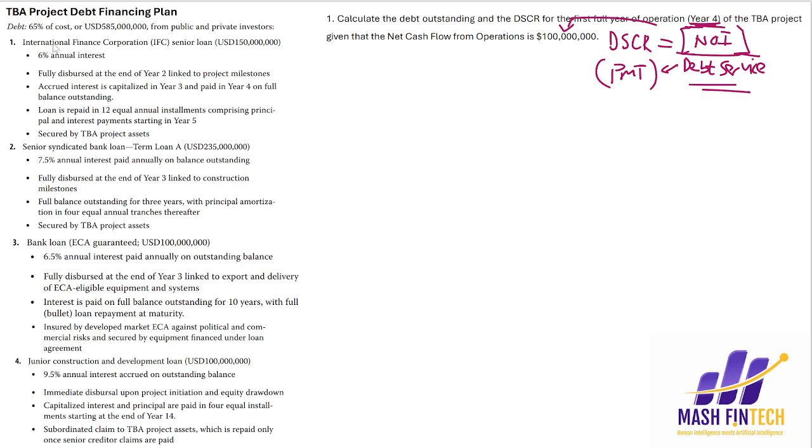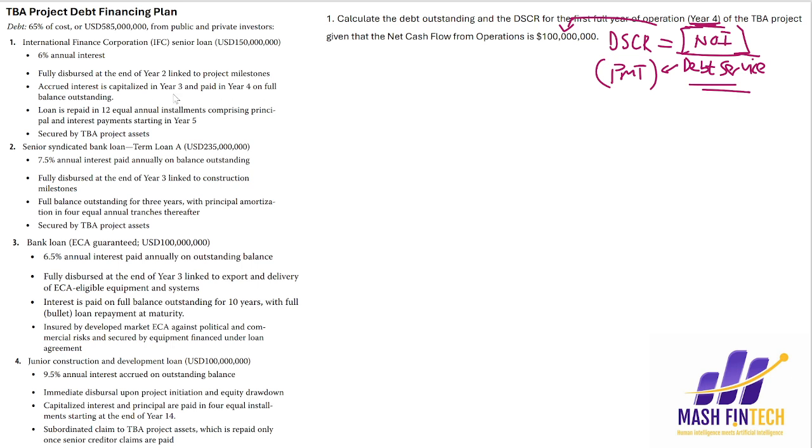For instance, let's look at the first one. The International Finance Corporation, IFC, senior loan, it's 150 million. The interest is 6%. And it's fully disbursed at the end of year 2, linked to project milestones. Accrued interest is capitalized in year 3 and paid in year 4.